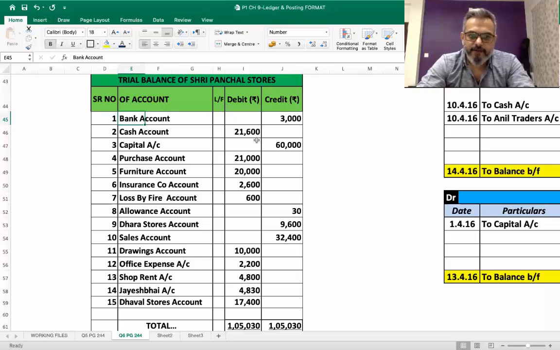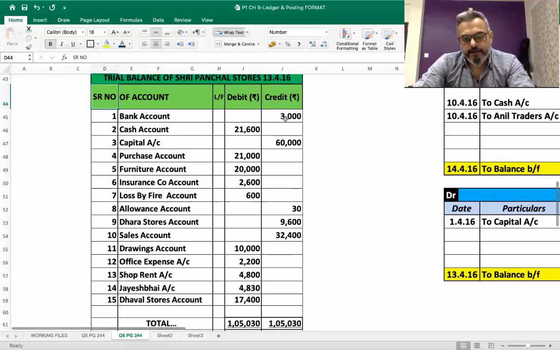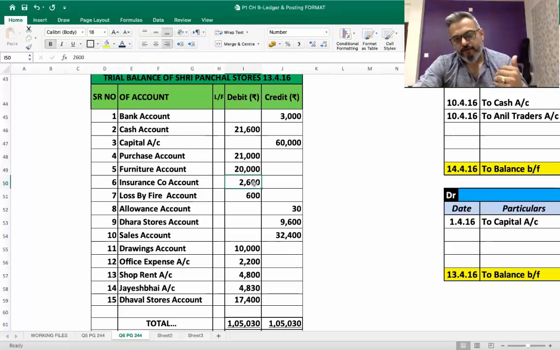We have cash of 21,600. The owner has invested 60,000 till date, as on 13/4/16. Till then purchase was 21,000. Furniture asset is 20,000. Insurance company debit means we have to receive 2,600 from the insurance company.